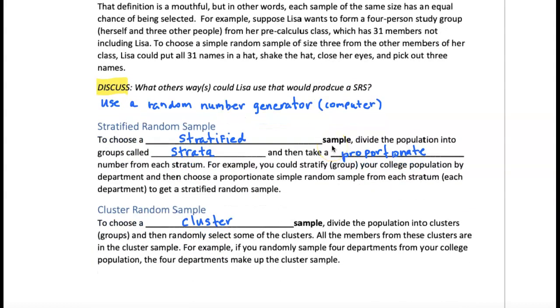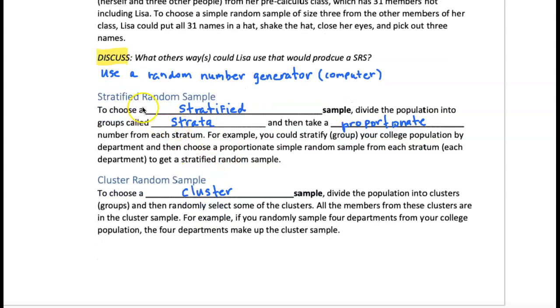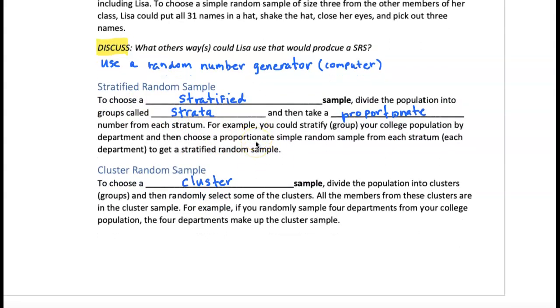Sometimes we need more sophisticated methods, and one way to do that would be through a stratified random sample, where you take your population and put it into different groups called strata, and then take a proportionate number from each of those strata, or stratum.